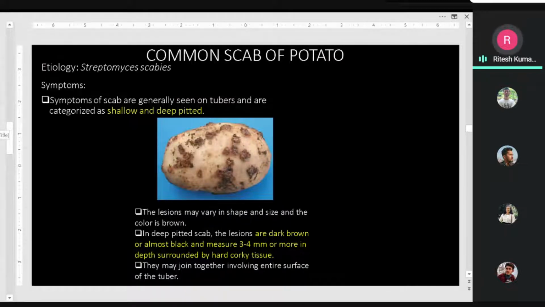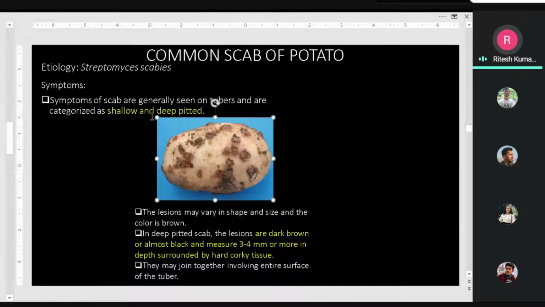So in some cases, there is just slight browning or roughening of the tubers. So some kind of rough, brownish areas of the tuber skin, and that may have a corky layer around it. It may be of different types. Some look like concentric series of wrinkled layers.